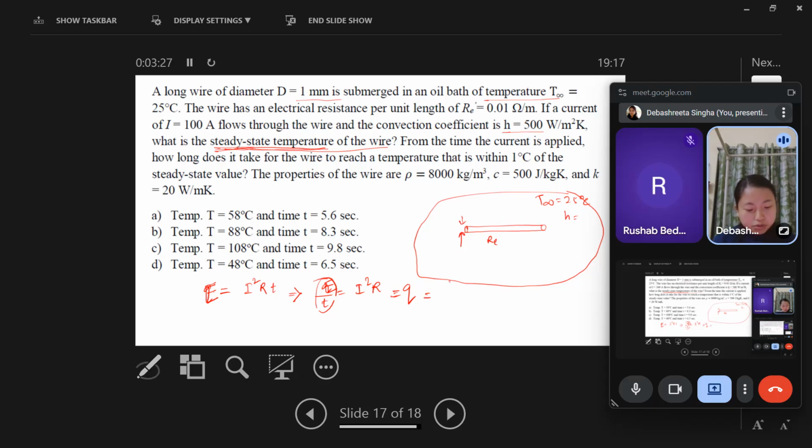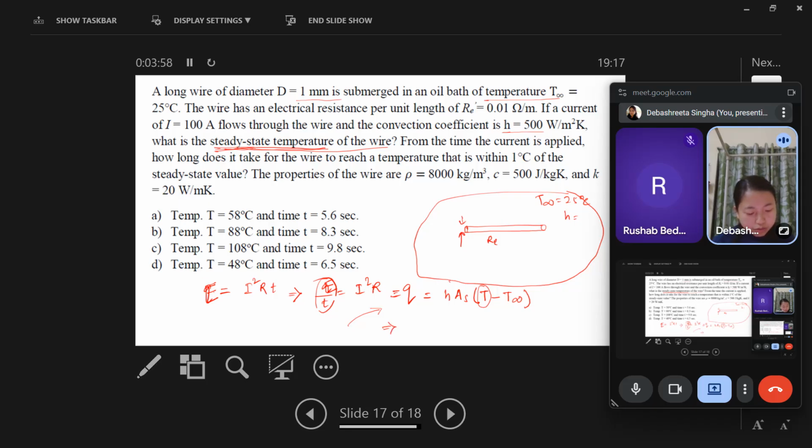How much heat is generated in the wire is balanced by the heat convected outside. Convected outside is H AS into T minus T infinity. We don't know the temperature of this wire, so this is the steady state temperature we need to find out.